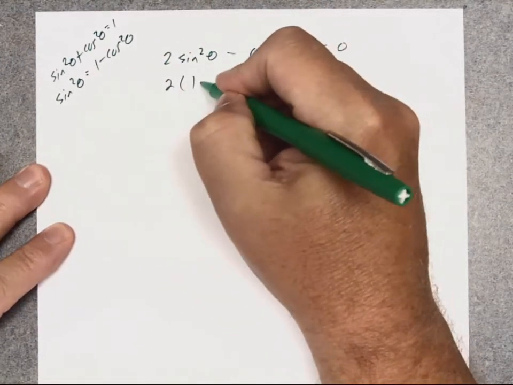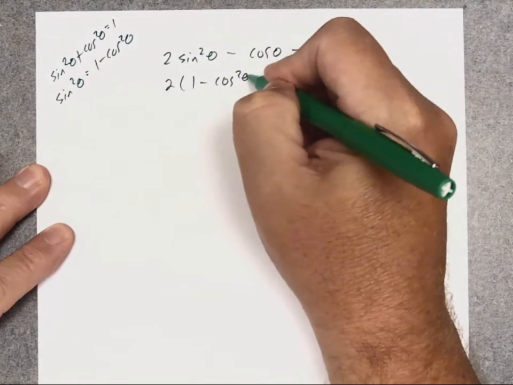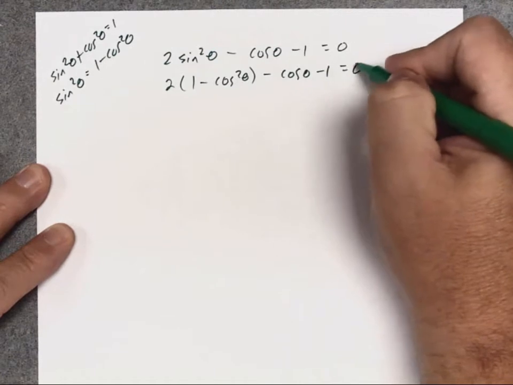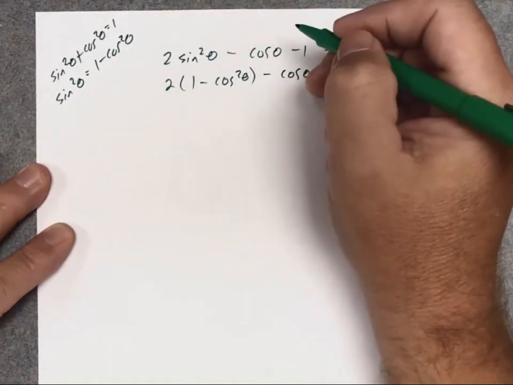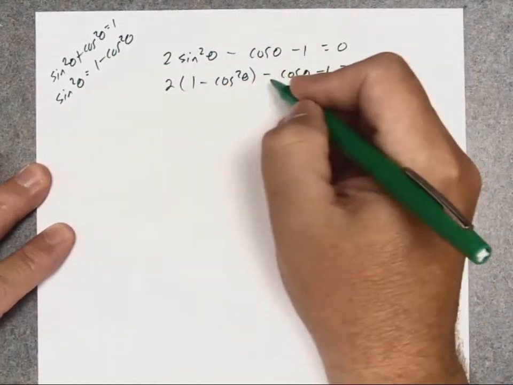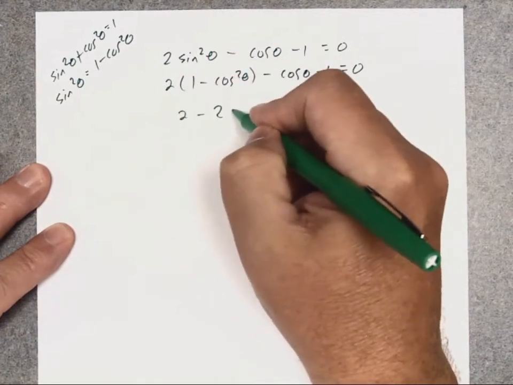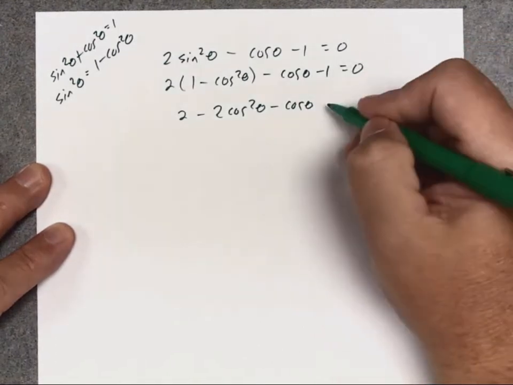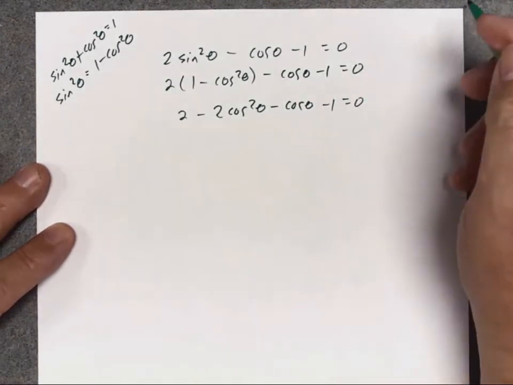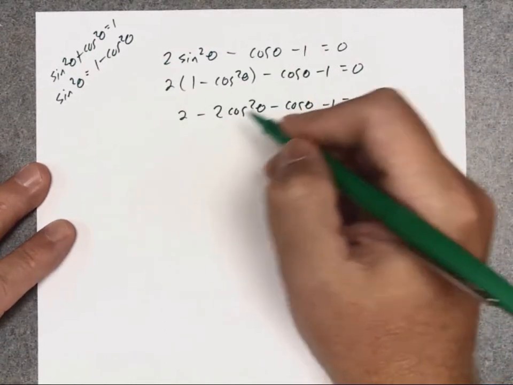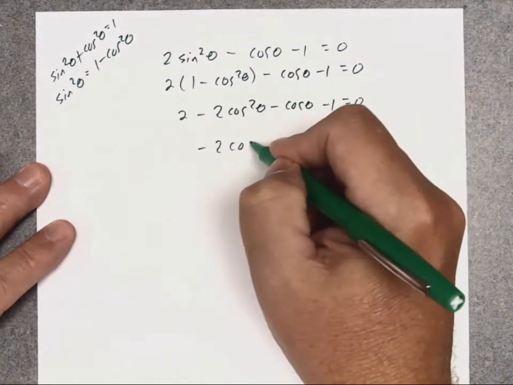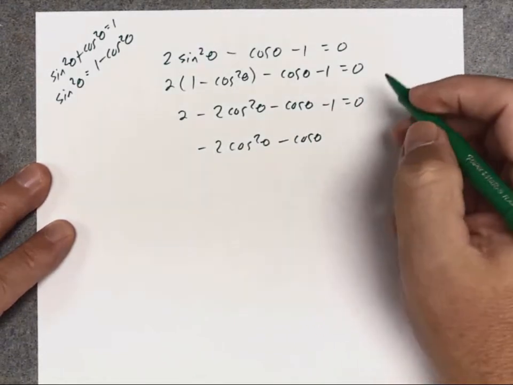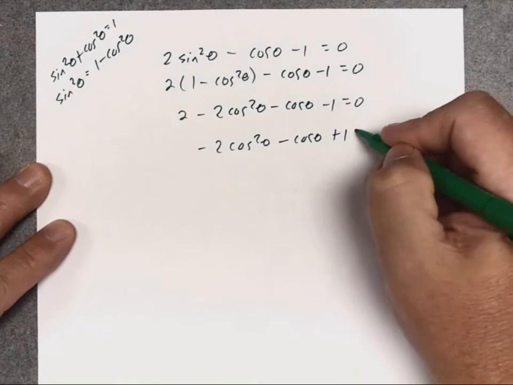I'm going to substitute 1 minus cosine squared of theta, and then I've still got my minus cosine theta minus 1 equals 0. So now if I multiply out the parentheses, 2 minus 2 cosine squared theta minus cosine theta minus 1 equals 0. I can combine these. Minus cosine theta plus 1 equals 0.